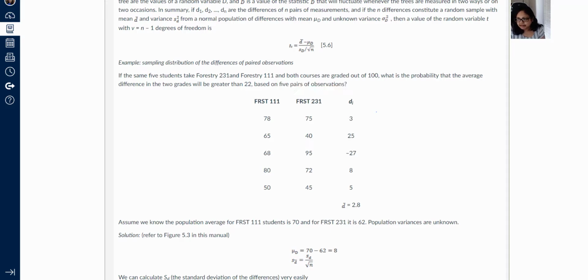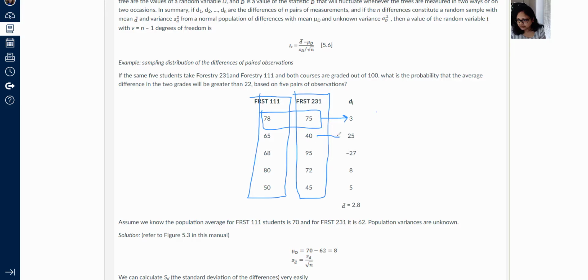So over here, at first you can see that we have the sample values in those two samples. Since they are paired data, what we need to find is the difference between them. For each of those values we have to find the difference, since they are the same students taking them. You can see the same 5 students are taking them. So we try to find the difference between them. After that, using the differences you got, you can find the mean of the differences.